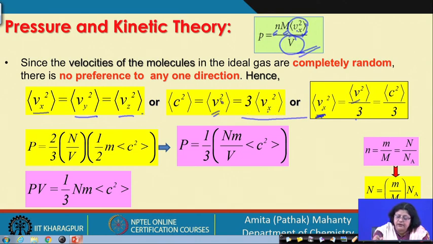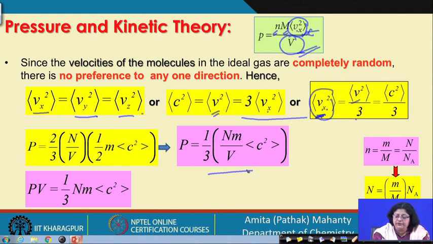So, the root mean square velocity will be 3 times the velocity in any one direction. So, the velocity in one direction will be given by the root mean square velocity by 3. So, here we are going to substitute this into this expression. What we get is going to be something like this, right?